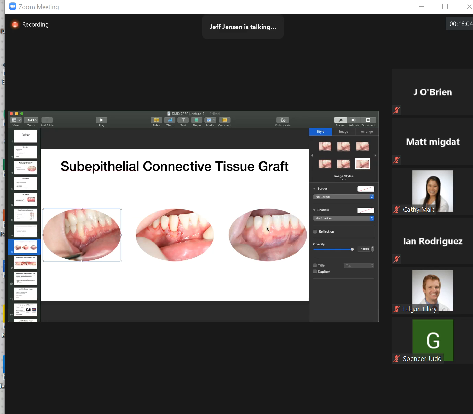So at about 2 weeks, typically this tissue will look like a tumor almost, like it's swollen and kind of yellow and pink and red and a bunch of different colors, and that's normal for it to look that way.